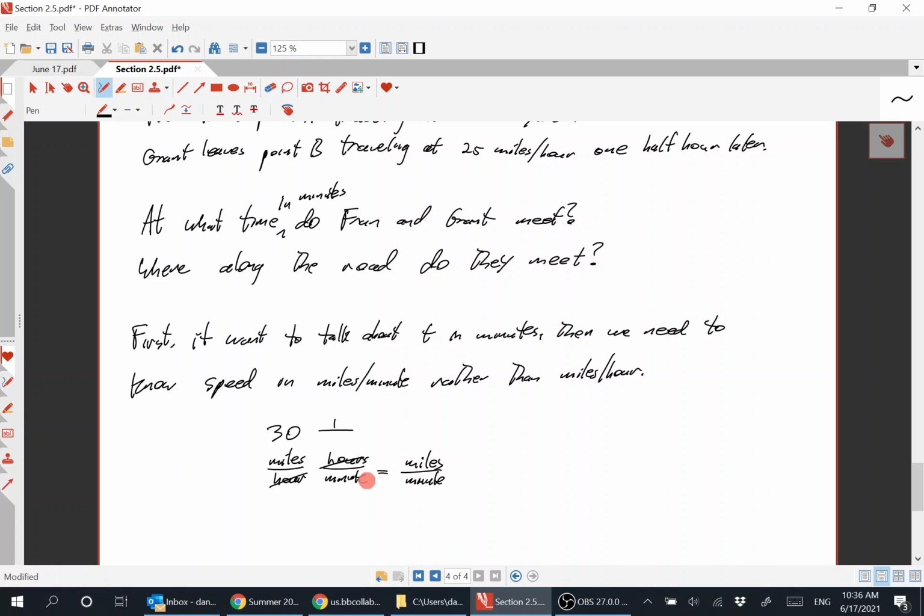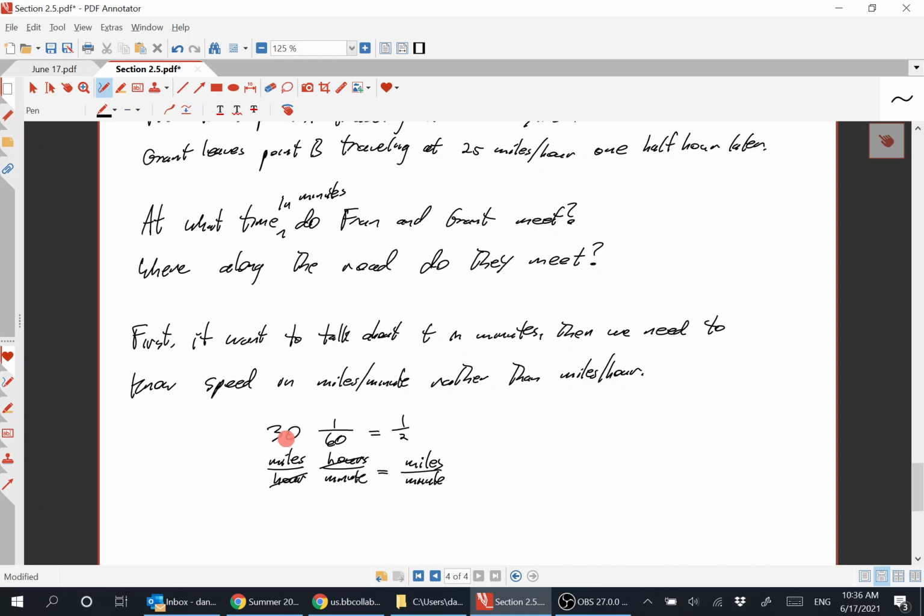Well, what's a quantity that converts so many hours to so many minutes? Well, 1 hour gives you how many minutes? 60. Right? So 30 over 60 is a half a mile per minute.